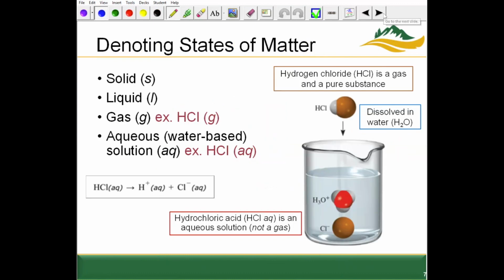Then this should be a review. So we know for denoting states of matter, we can have solid, liquid, and gas. And then we've also looked a lot now at that aqueous or water-based solution. So for example, hydrochloric acid in aqueous solution is going to dissociate into H+ and Cl- that are also both in aqueous solution.